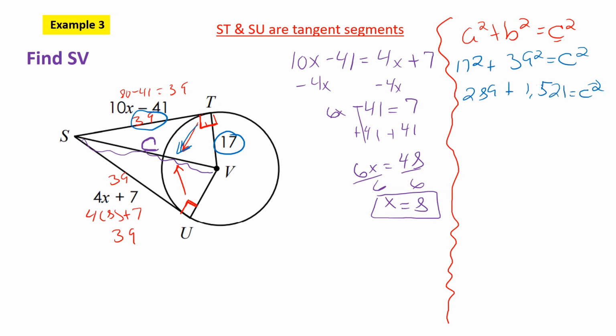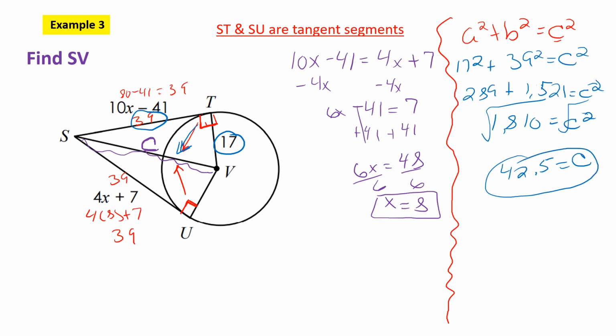Adding those together, we get 1810. 1,810 is equal to c squared, and of course we just take the square root to get c by itself. So 1810, the square root of that is 42.5. So c, which is really SV, is 42.5, and so we have found SV, which is 42.5.